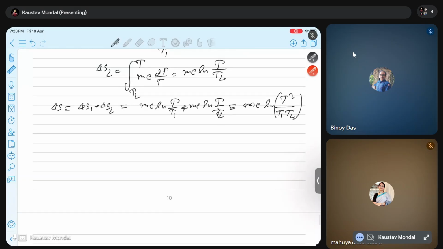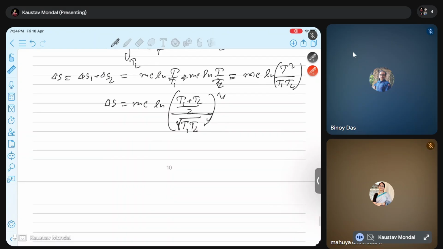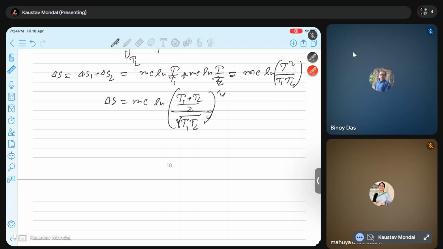So now delta S equals MC ln, where T square will become (T1 plus T2 by 2) squared, and the denominator T1 into T2 can be written as a square of the square root of T1 into T2. Now from here, it will become 2MC ln of (T1 plus T2 by 2) over the square root of T1 into T2.